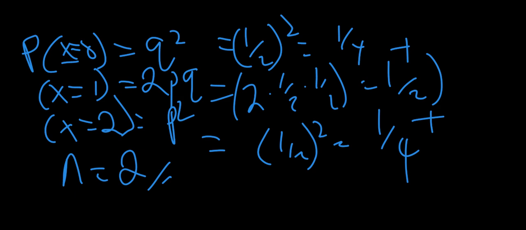So let's quickly do something more complicated. Now, let's take a question. A student is taking a 10 question multiple choice quiz. Each question has four options A, B, C, and D, and only one option is correct.